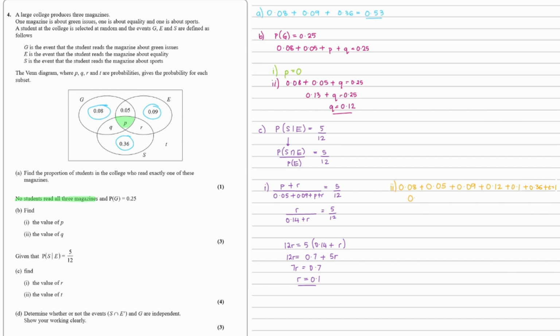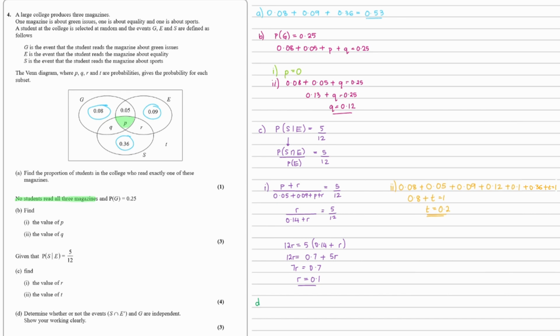If we add all of this, this gives us 0.8 plus T is equal to 1, and therefore T would be equal to 0.2.